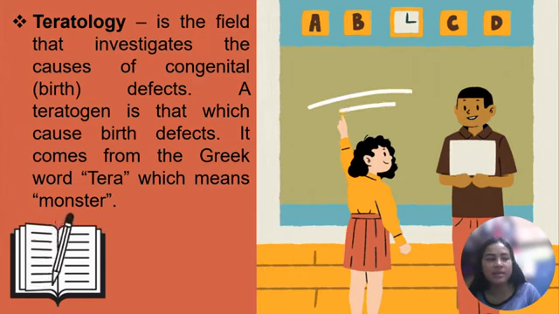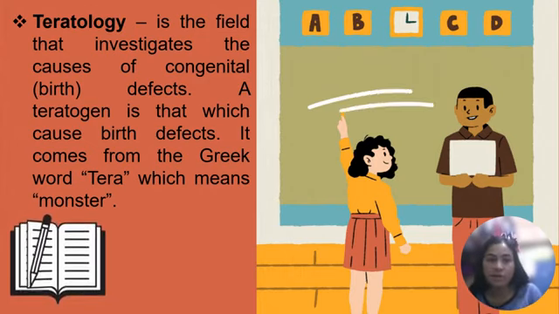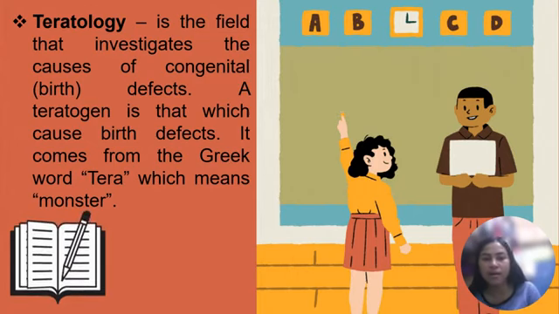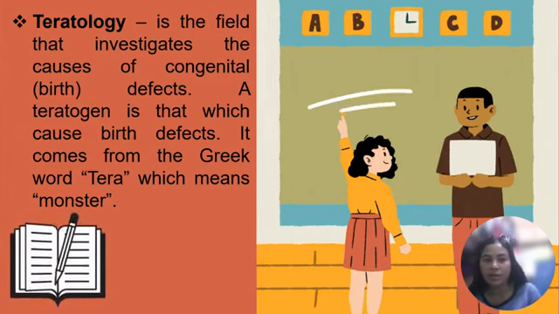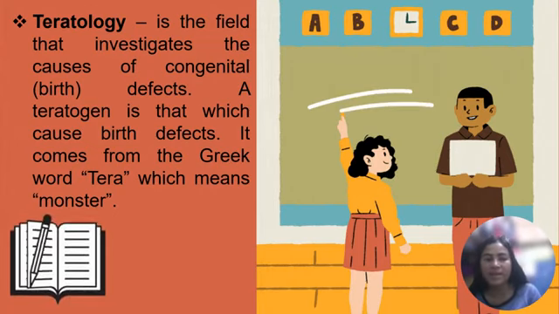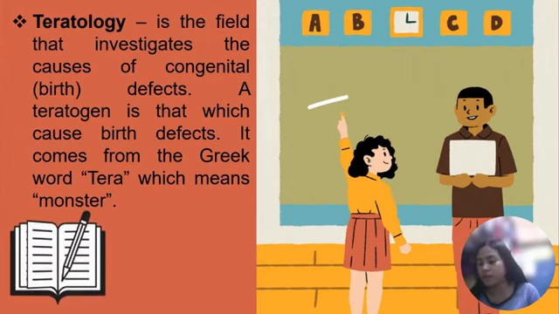So the second is teratology. Teratology is the field that investigates the causes of congenital or birth defects. A teratogen is that which causes birth defects. It comes from the Greek word tera, which means monster.